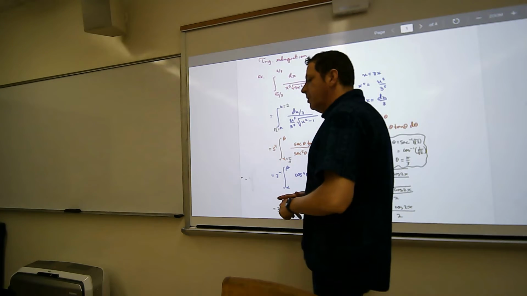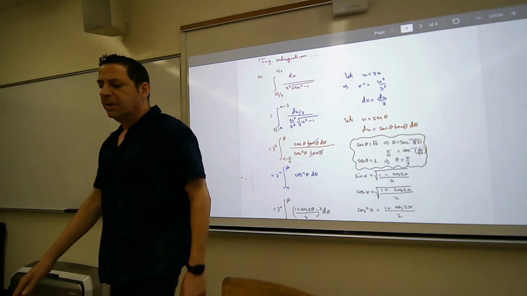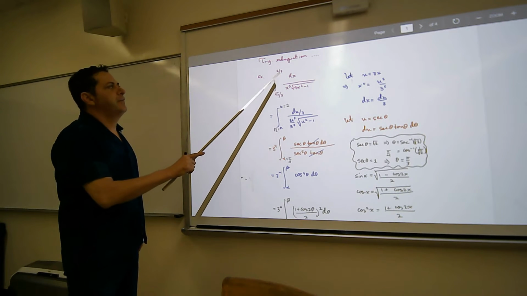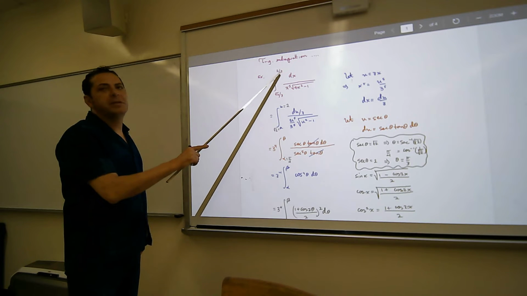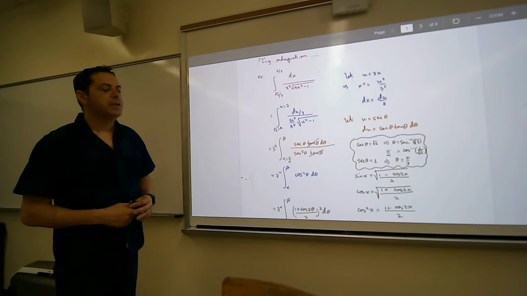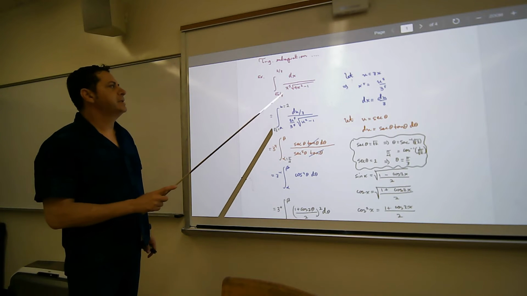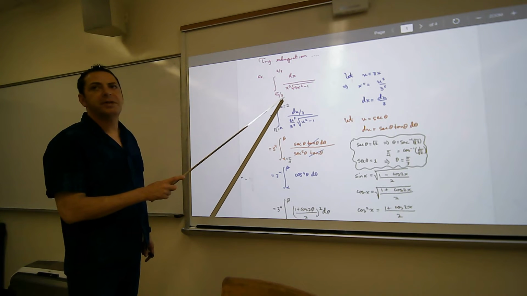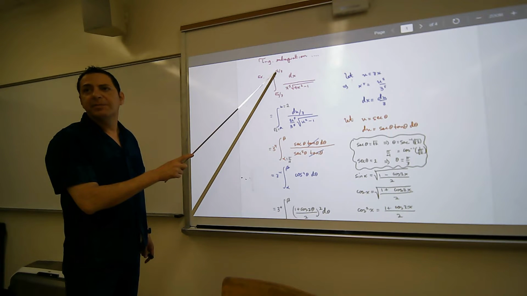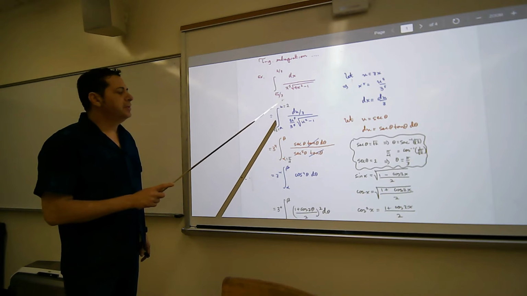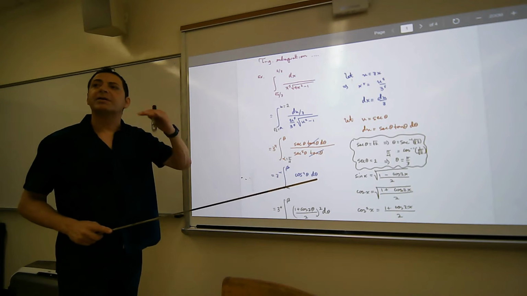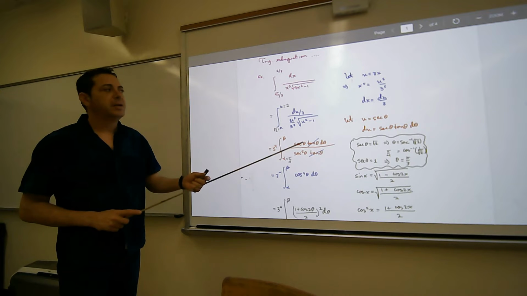Integration by trigonometric substitution continued, and this time we have integrals that have definite limits. One thing you're going to face is if I use different variables to integrate, I have to change the limits of integration. But if you're going to change back to the original variable at the end, then don't bother.